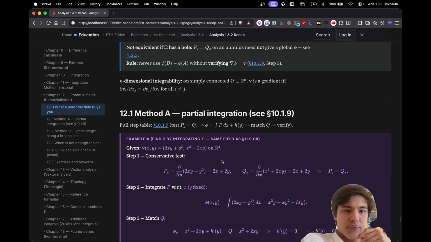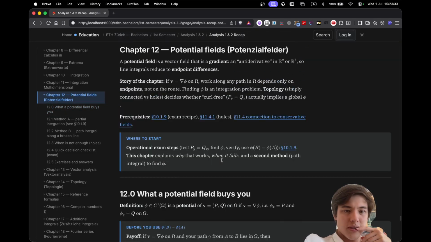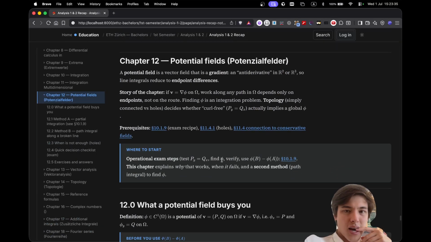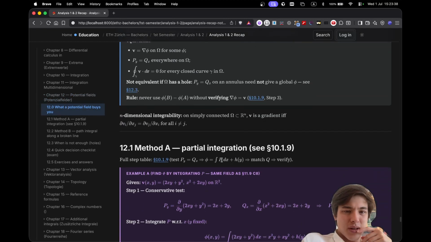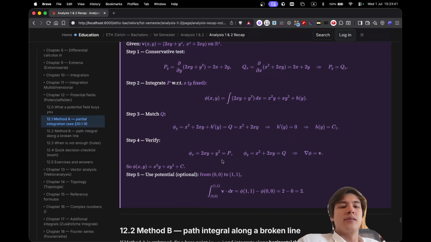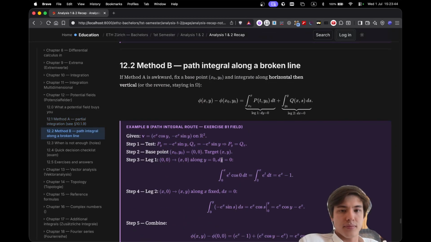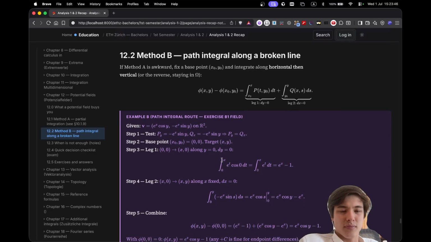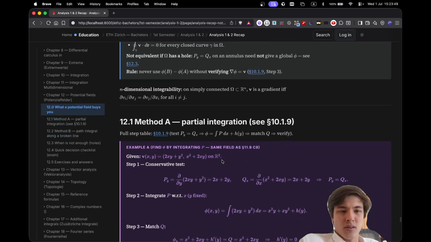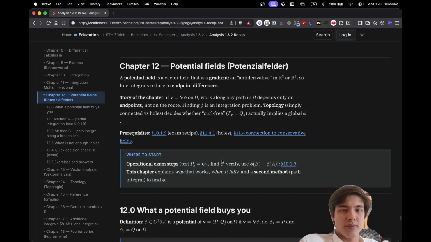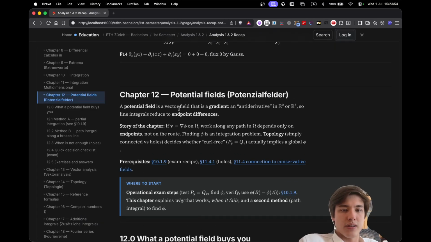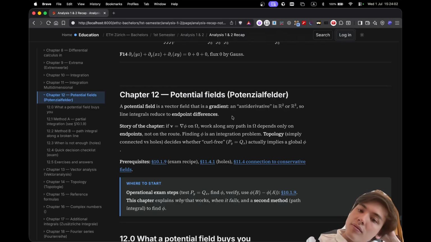Skip this, potential fields. Yeah, I want to skip it as well. Or actually, let's go through it. A potential field is a vector field that is a gradient. So integrals reduce to endpoint differences.